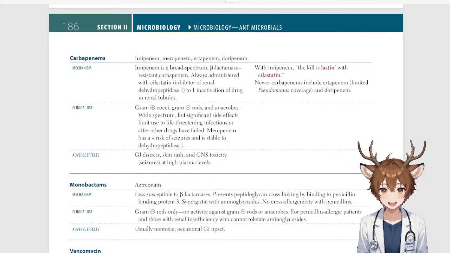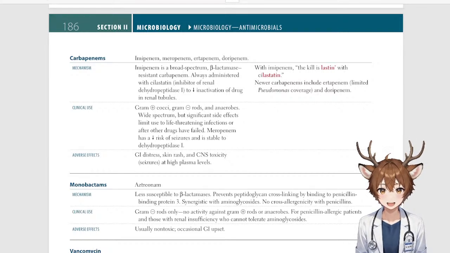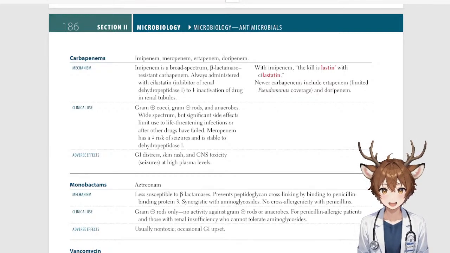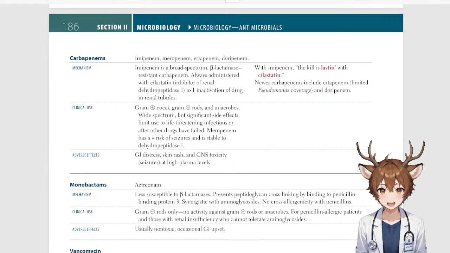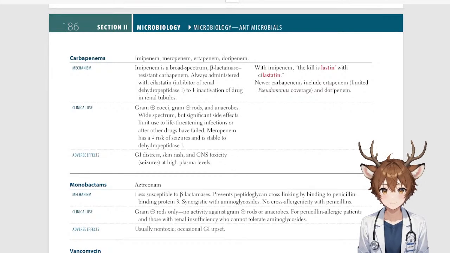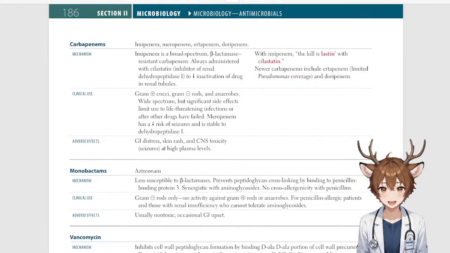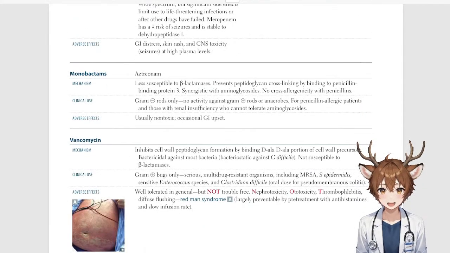The bacteria are very impressive in what they're able to pull off. They have these carbapenemases, these penicillinases. Something to be aware of as well, these sorts of resistance mechanisms. What about aztreonam? Aztreonam is a monobactam.